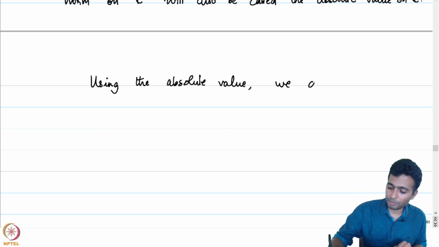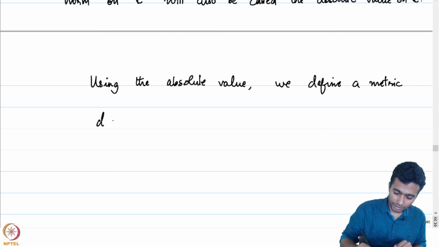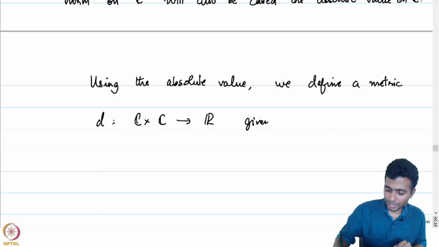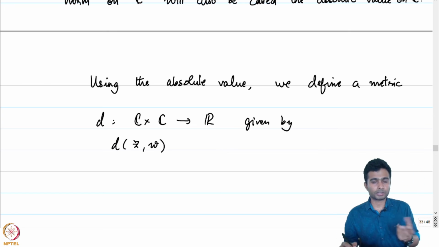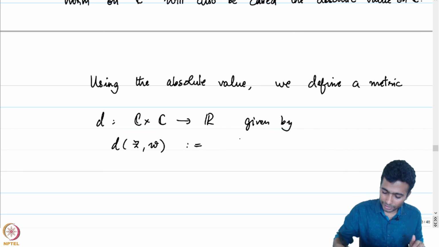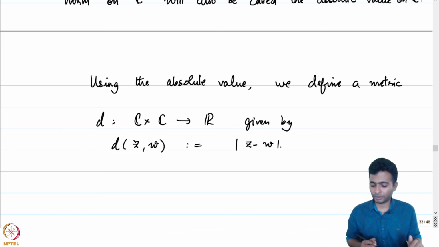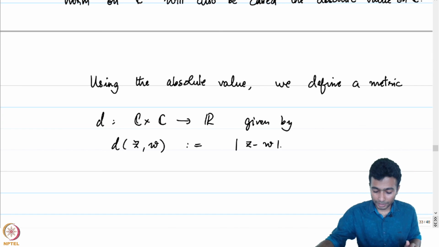We define a metric d from C cross C into R given by d of z, w. Let's take two complex numbers z and w. This is defined as the absolute value of z minus w. This will turn out to be a metric on C.